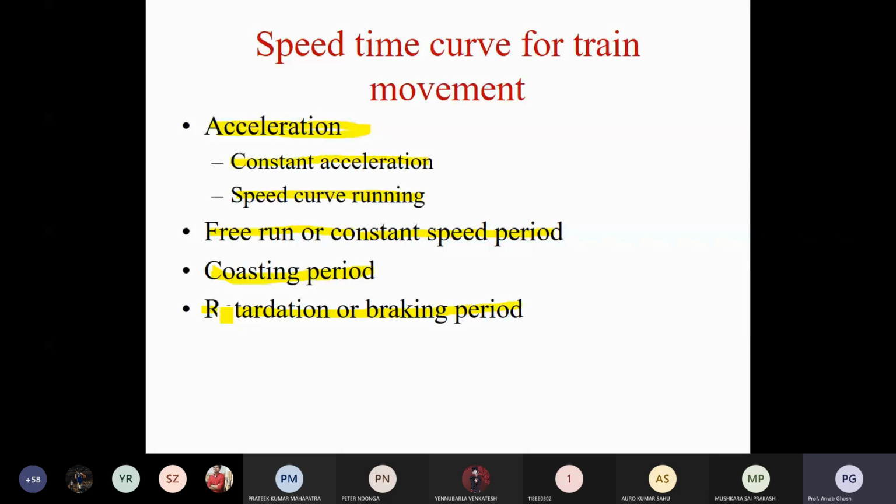It may be possible in suburban, but in urban city transportation it is not possible to accommodate all those features, like the coasting period. There is no coasting period: acceleration, then retardation directly. Free running portion also is sometimes not there.